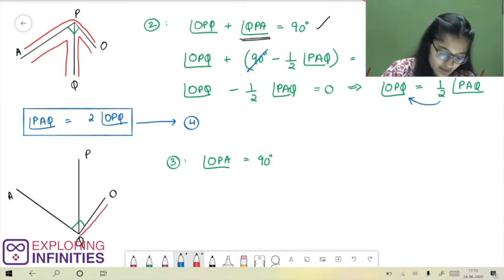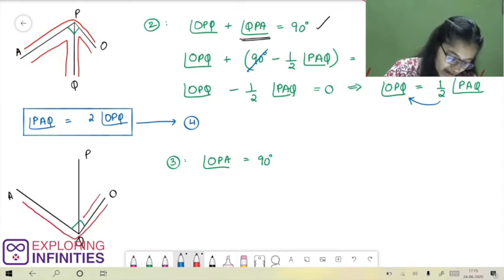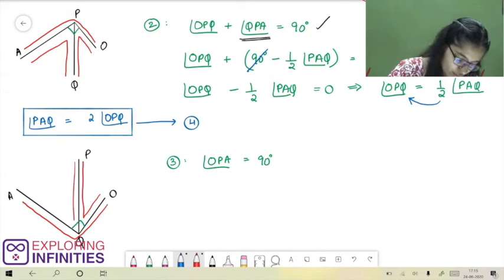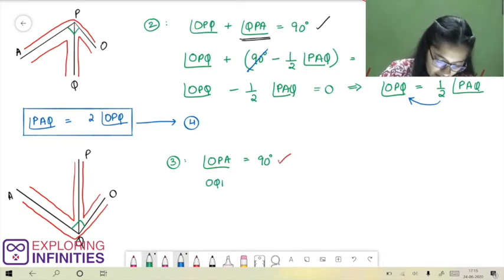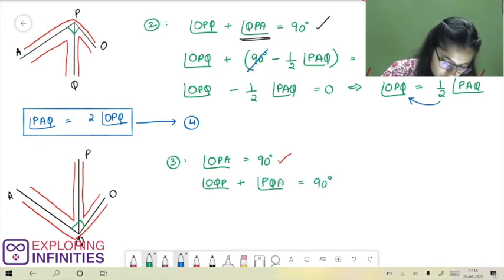Now we can express angle OQA as the sum of angle OQP and angle PQA. On substituting this in equation 3, we will obtain angle OQP plus angle PQA is equal to 90 degrees.